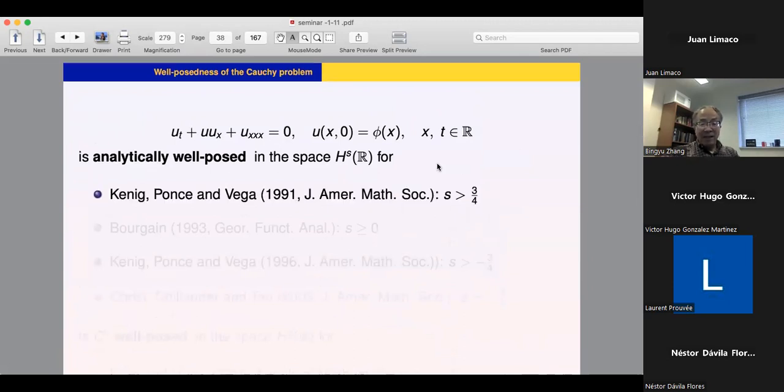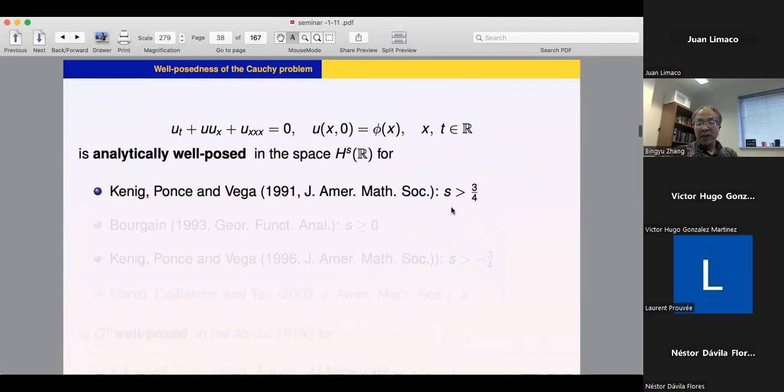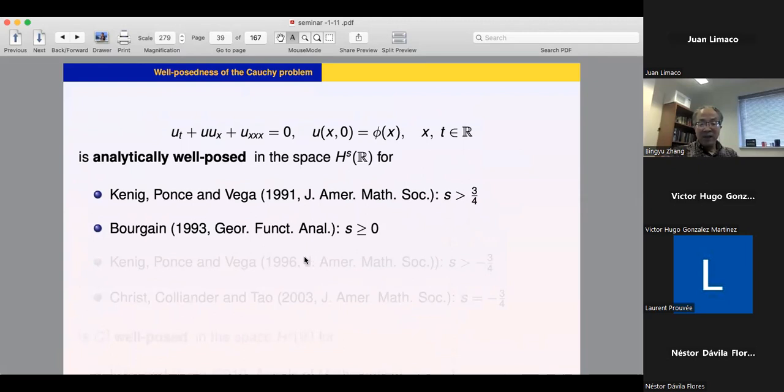First, Kenig, Ponce, and Vega showed the Cauchy problem is analytically well-posed for any s greater than 3/4. Then Bourgain showed analytic well-posedness for s greater than or equal to 0.